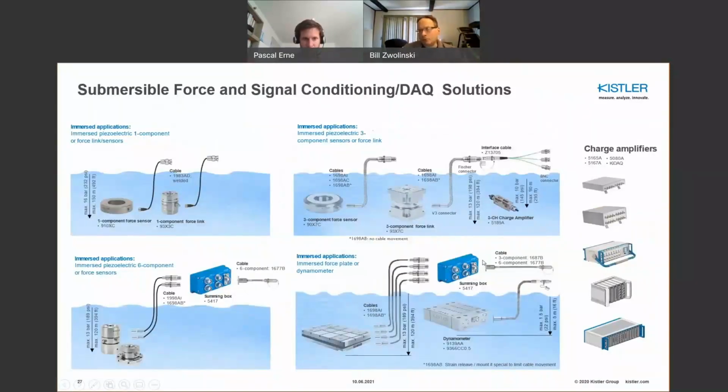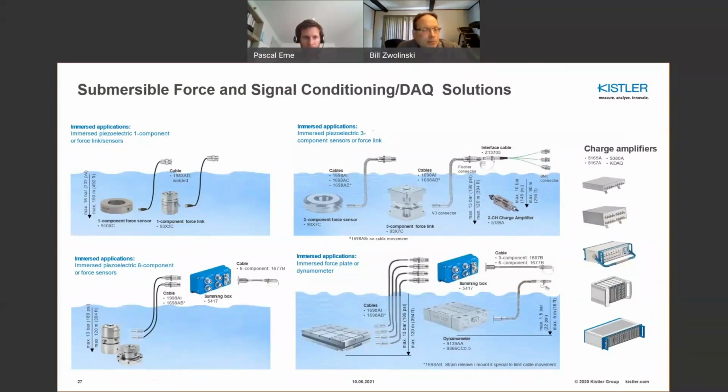In terms of submersible force, we present this picture just to show you that there are almost endless options with regard to force. You've got single component force. The cabling that we provide is welded, and that can get you down to about 16 bar or 232 psi, so it's quite well proven and tested.